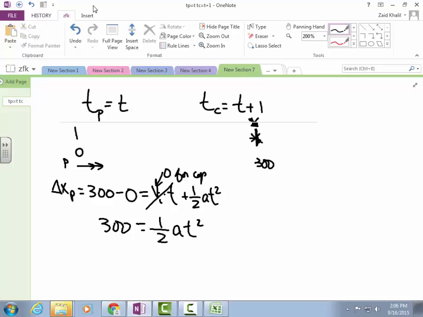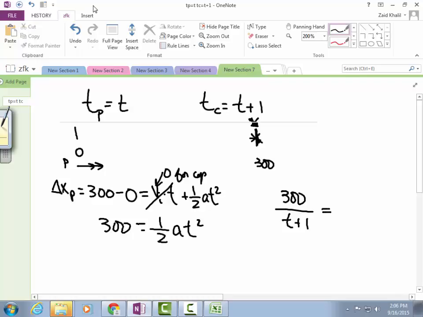So that person's displacement in this same time frame is going to be 300. That's his displacement. And what time period is he going 300 meters? T plus 1. We can. The whole point is that they're equivalent.